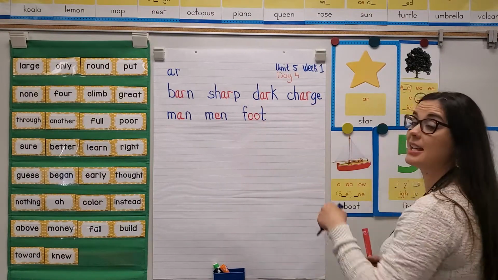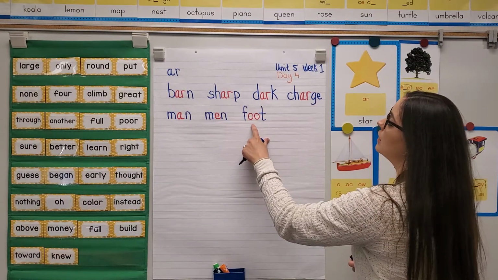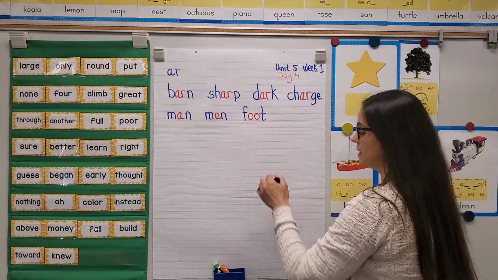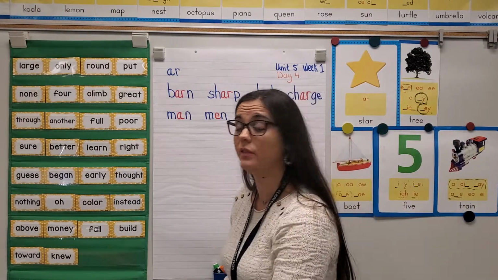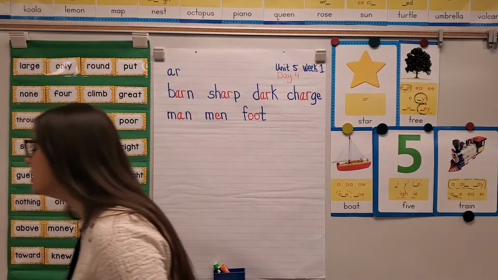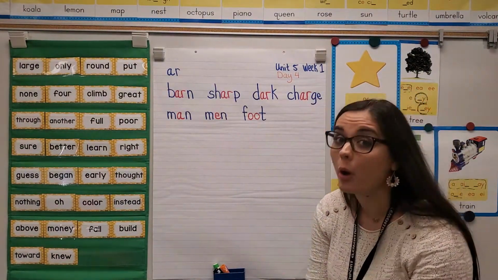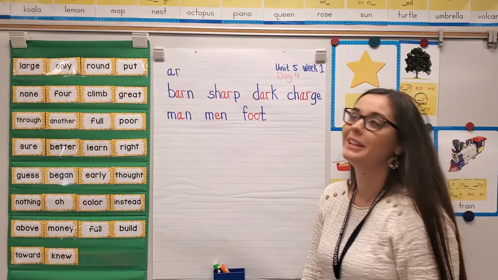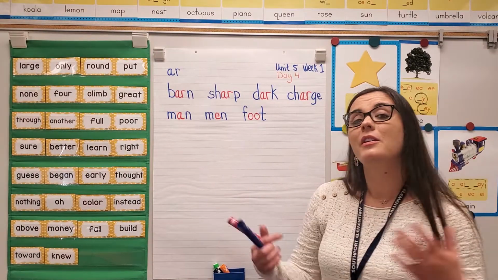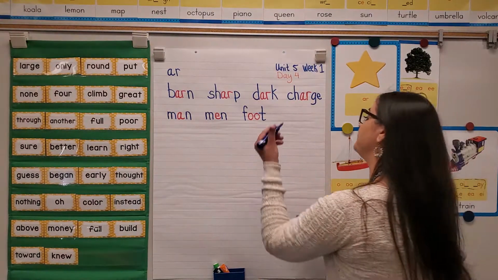And T says ta, foot. And of course, that's just like one foot. And you know that if you want to talk about more than one foot, like both of your foots, it wouldn't be the word foots, it would be the word feet, feet.